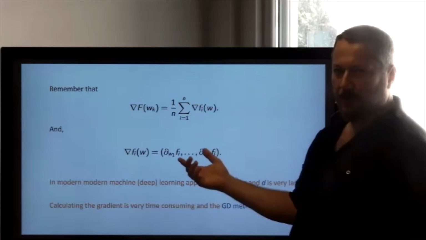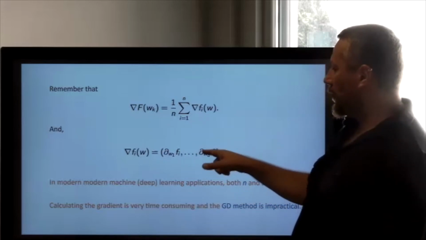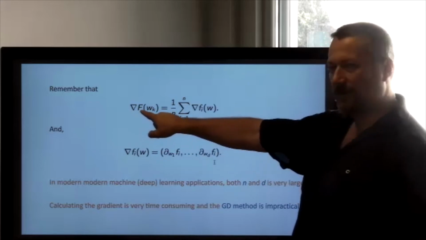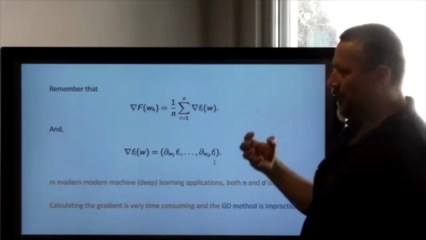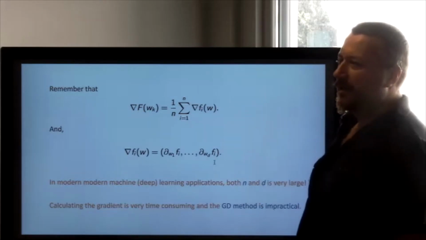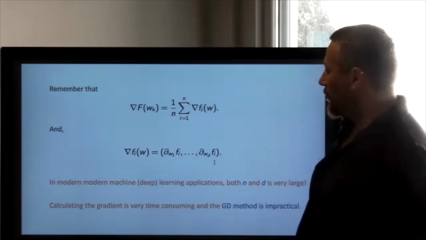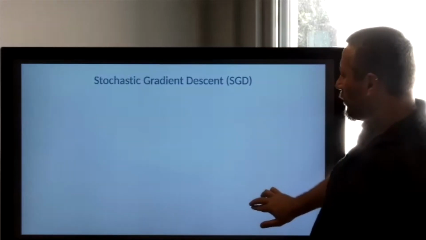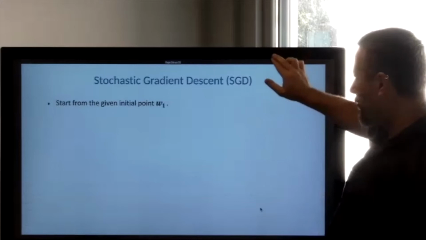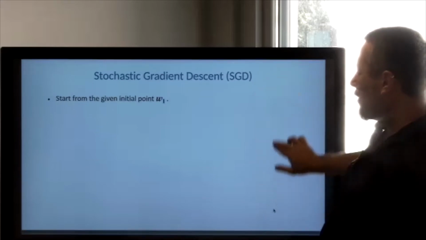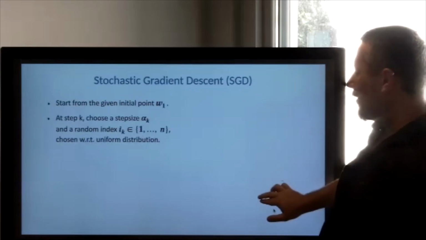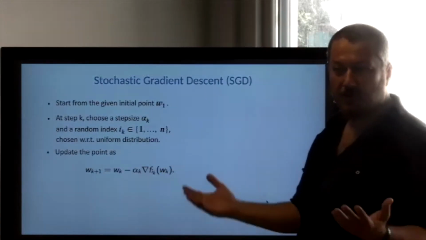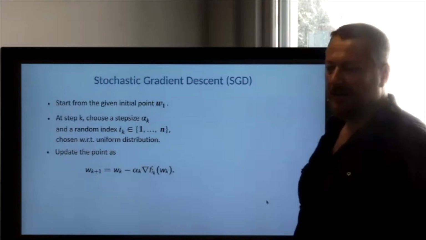That's one way to go. What we are going to do instead is approximate this huge gradient with an approximation. Instead of calculating the gradient for all the data points, I'm just going to calculate the gradient of the function fi, just for one data point, right?